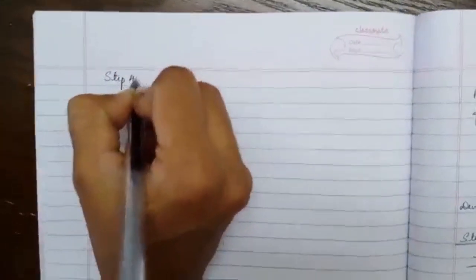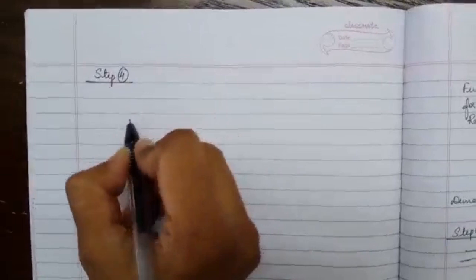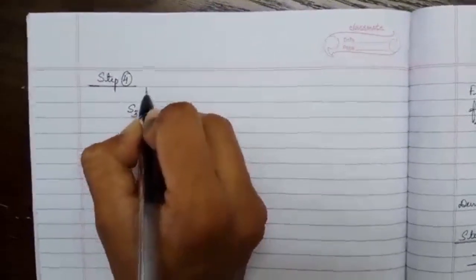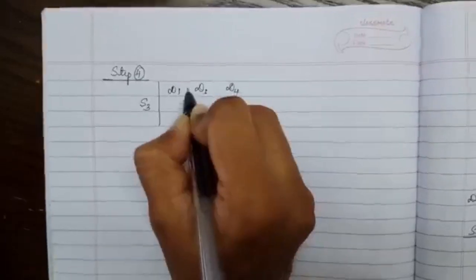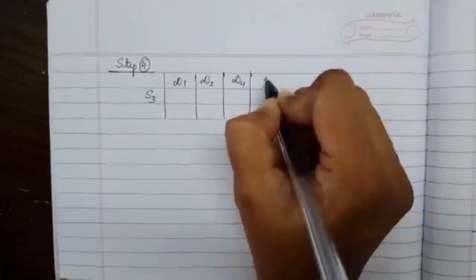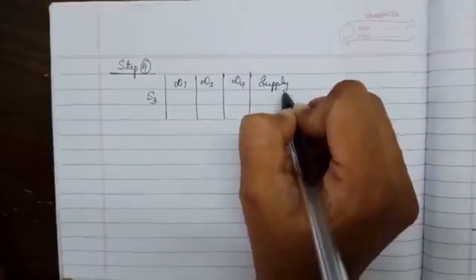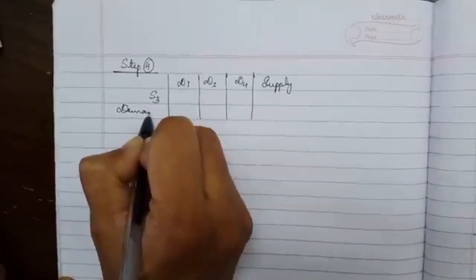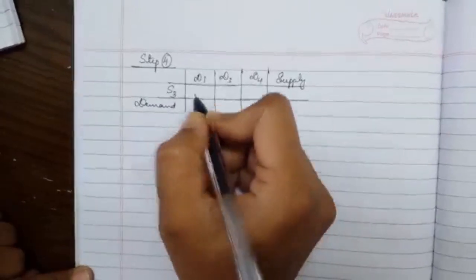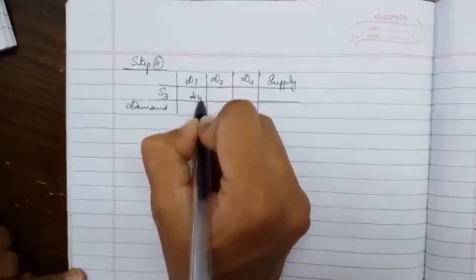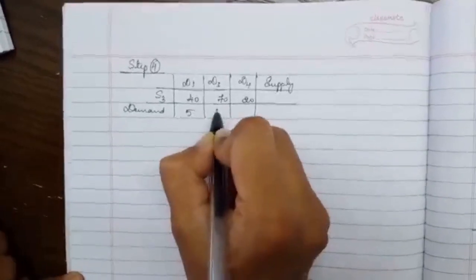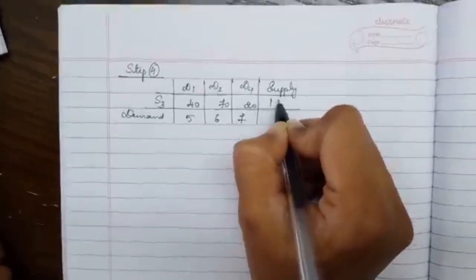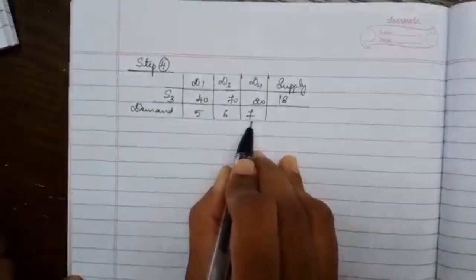Step 4. We are left with only one row and 3 columns, D1, D3, D4. Supply, demand, 40, 70, 20, 5, 6, 7 and 18. 11 plus 7, 18.